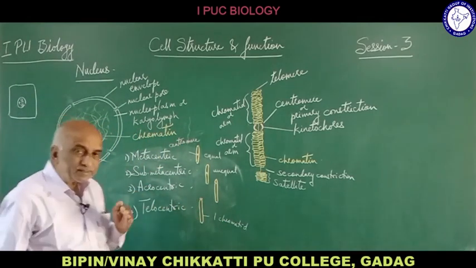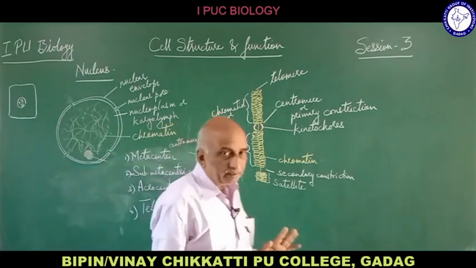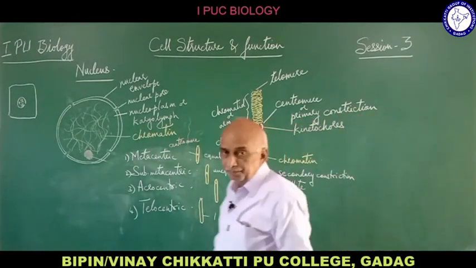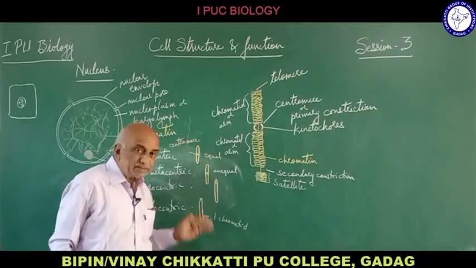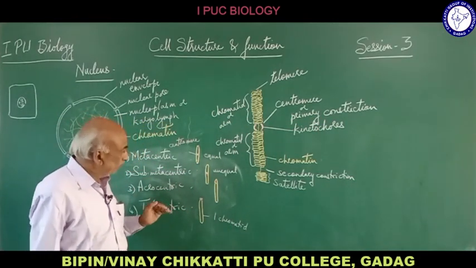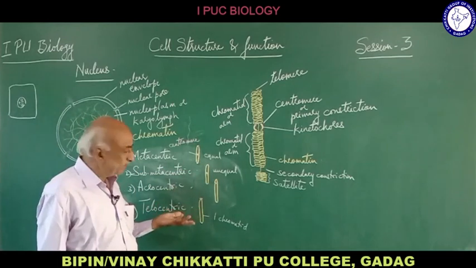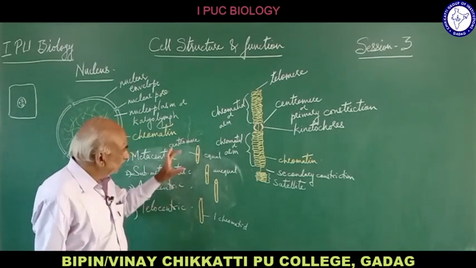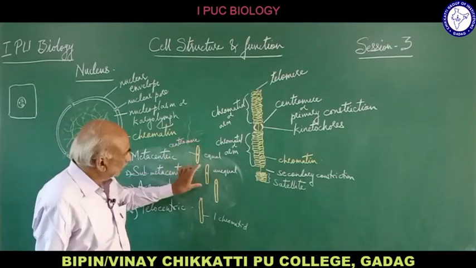So acro means close to the telomere, the region near the telomere, that is called acro. Meta means center, sub means below the center or away from the center. So based on the position of the centromere, metacentric, submetacentric.